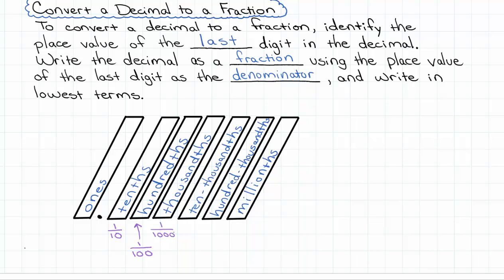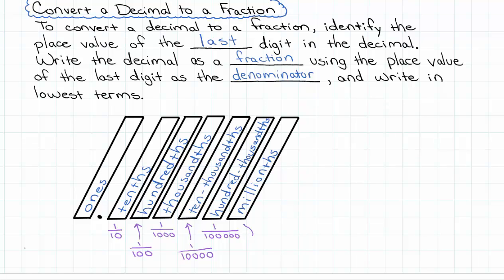If your last digit ends in the thousandths, then you're going to have 1,000 in the denominator. If the last digit ends in the 10,000ths, then you're going to have 10,000 in the denominator. If the last digit ends in the 100,000ths, then you're going to have 100,000 in the denominator.